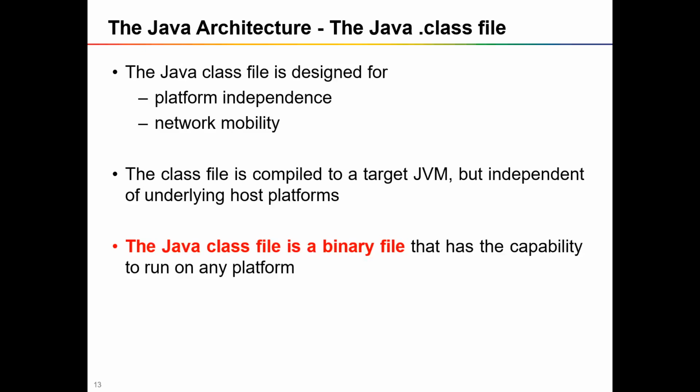The Java class file, which we call bytecode, is designed to be platform independent, and that also supports mobility, in the sense of moving the bytecode from one machine to another machine and running it on a different platform. The class file is a binary file that has the ability to run on any platform.